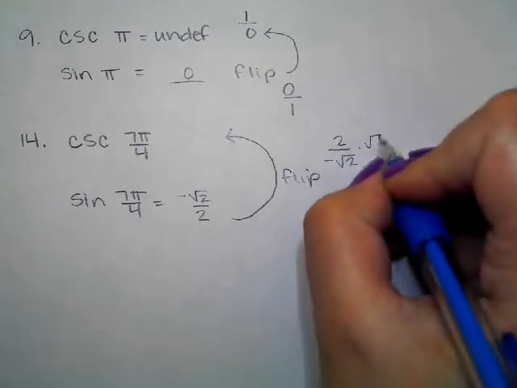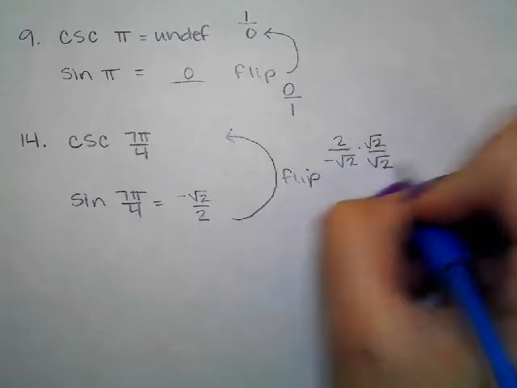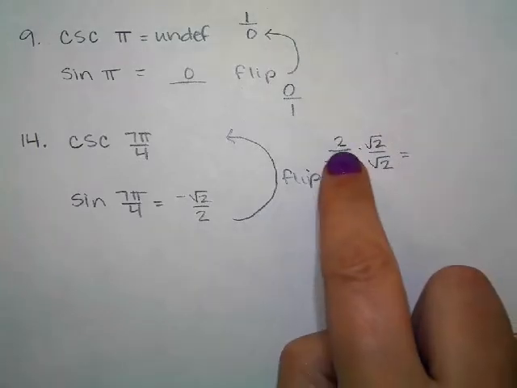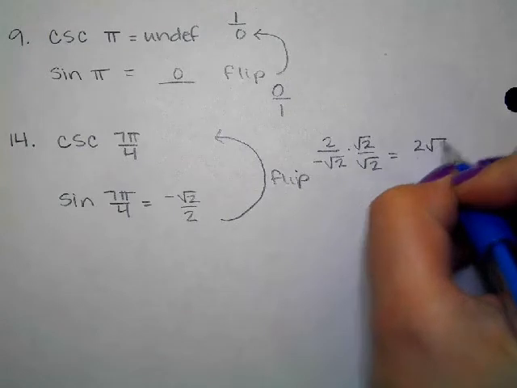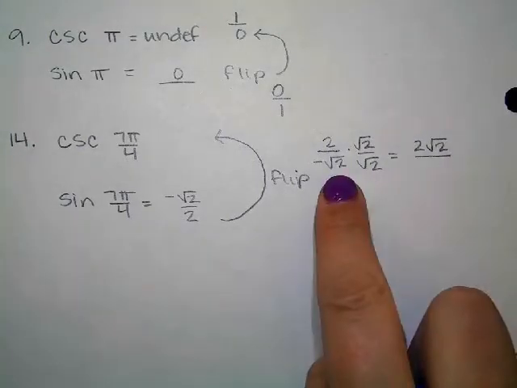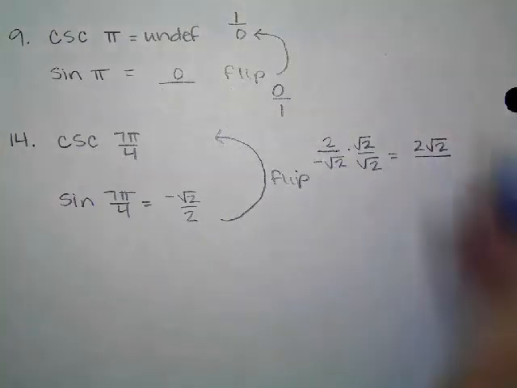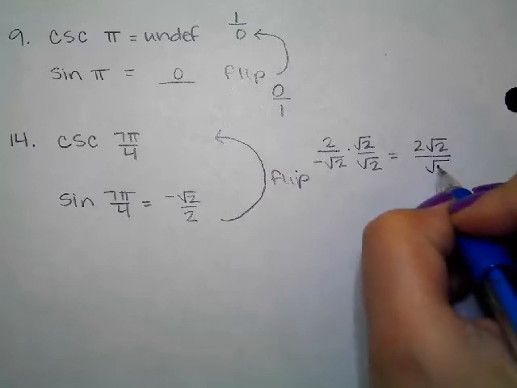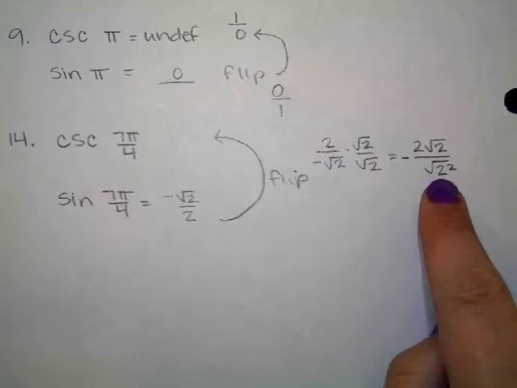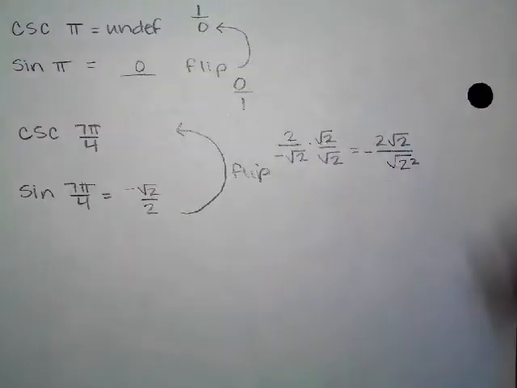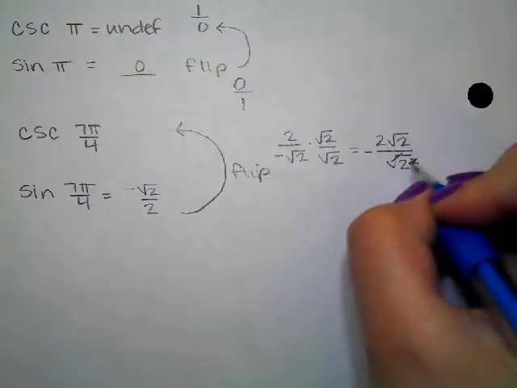Okay, so multiply by root 2 over root 2. The top is 2 times root 2. The bottom, we've got root 2 times root 2, so that's root 2 squared. We do have a negative in the front. And then what happens to the bottom? The root and the squared cancel.